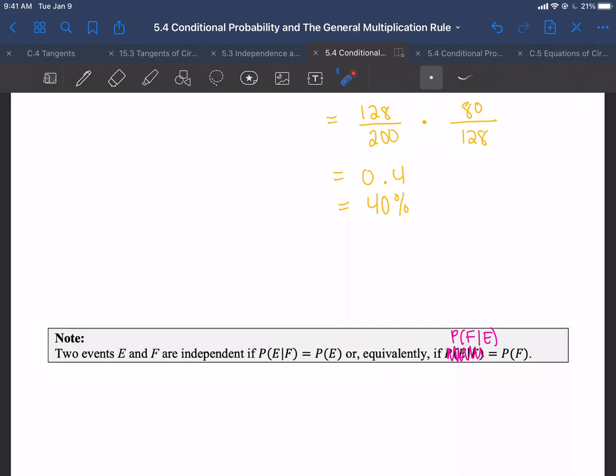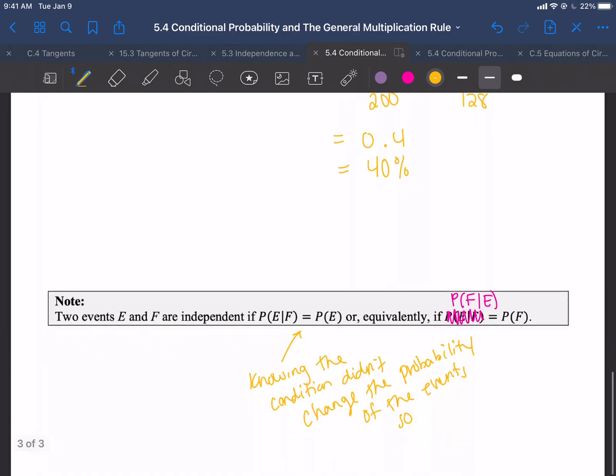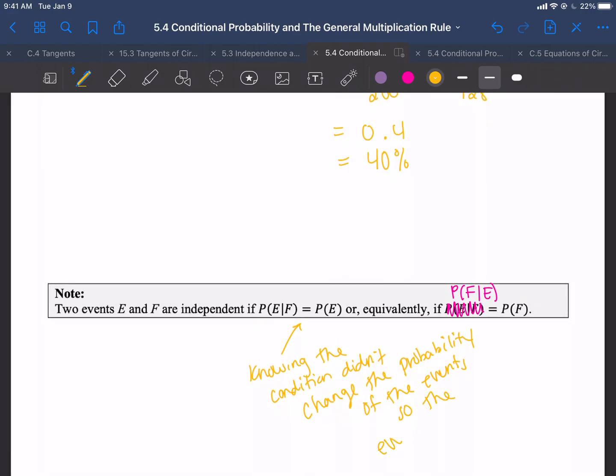Okay, so knowing the condition didn't change the probability of the event, so the events are independent.